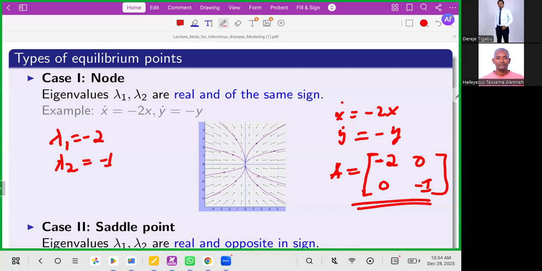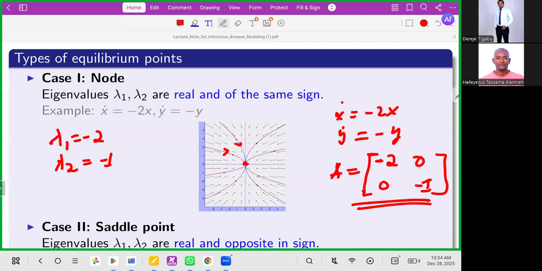Clearly, the diagonal elements of the coefficient matrix are the eigenvalues. Both eigenvalues are negative, which means that the equilibrium point 0, 0 attracts every element to itself.